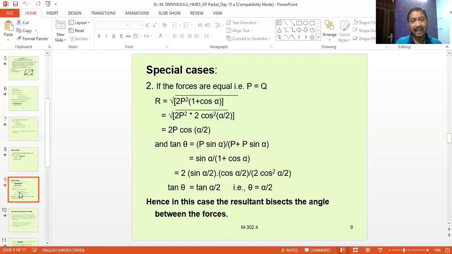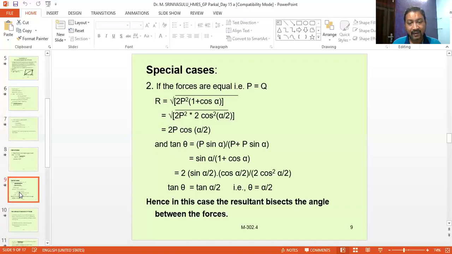Ultimately, the angle with which the resultant acts is half of the angle between the two forces if P is equal to Q. So in this case the resultant force bisects the angle between the forces, that is P and P. So if the forces P and Q are equal, the R will become 2P cos alpha by 2, that is the magnitude, and the direction is simply theta equal to half of the angle between the forces, that is alpha by 2.